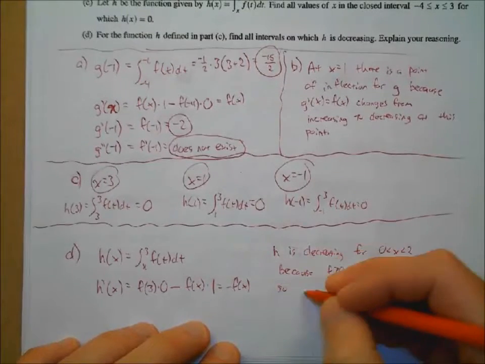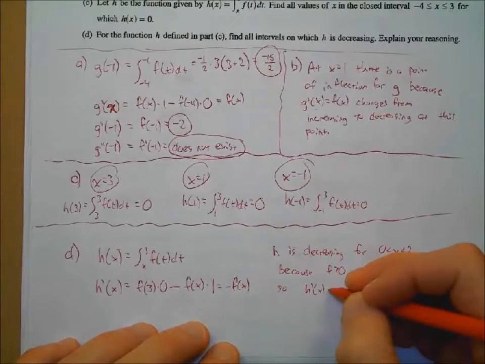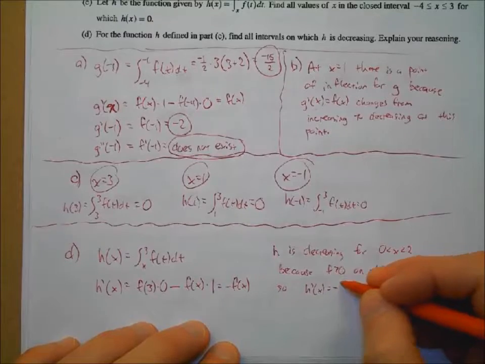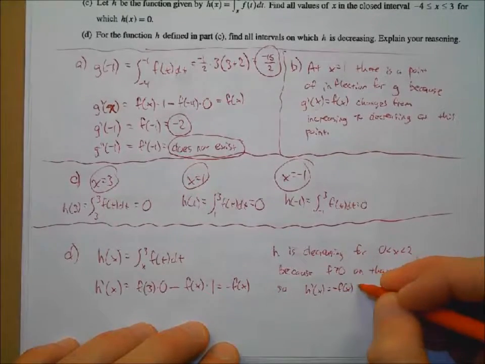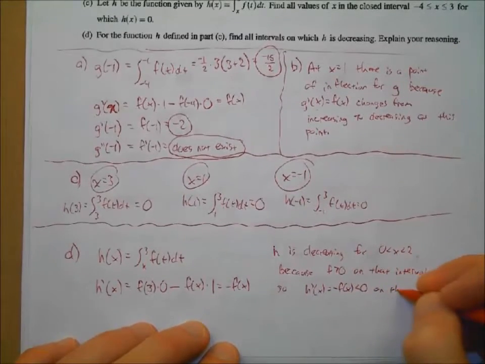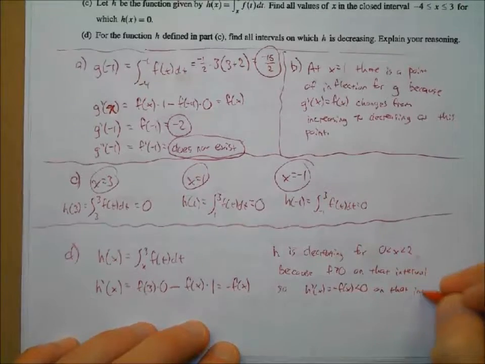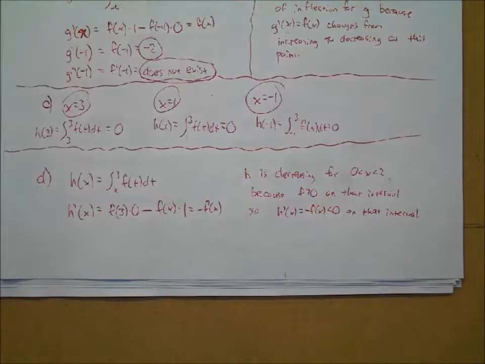So h prime of x, which is equal to negative f of x, will be less than 0 on that interval. Okay, something like that. Okay. Don't forget to give those explanations, right, for your justification, or explanations when it asks you to. Okay?